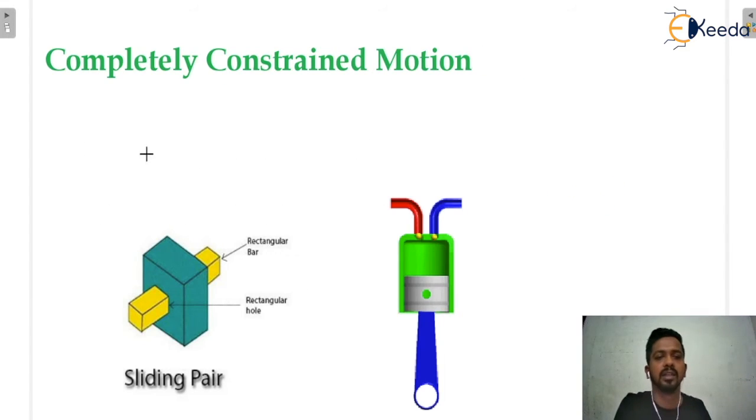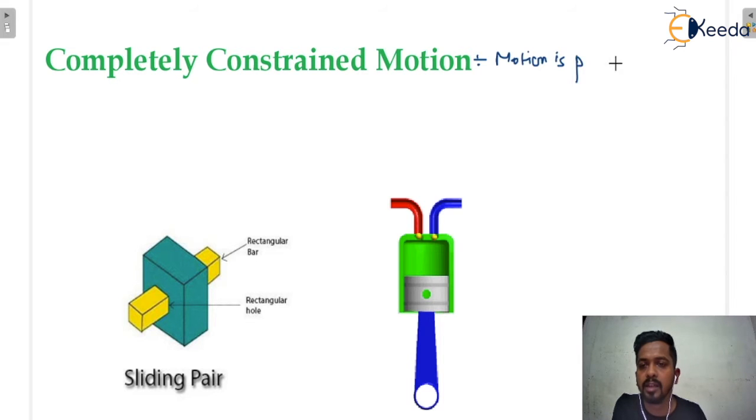First, what is completely constrained motion? You need to understand that in completely constrained motion, motion is possible in one direction only, irrespective of the direction of applied load. It doesn't depend on the direction of applied load.